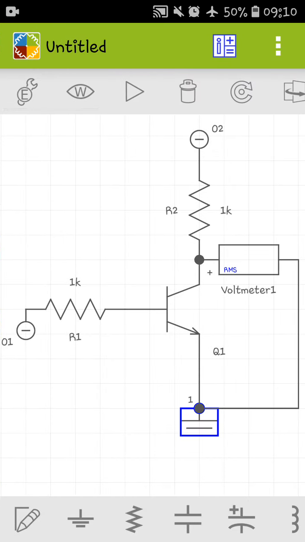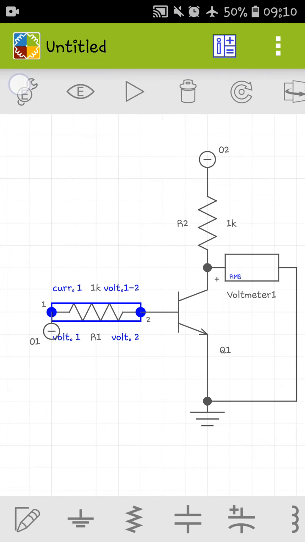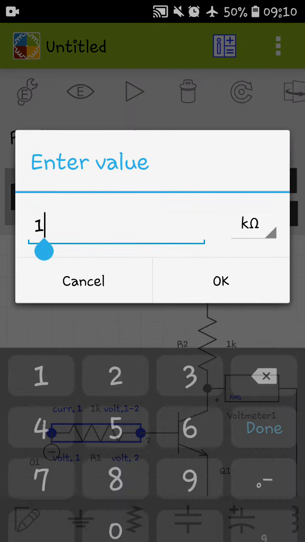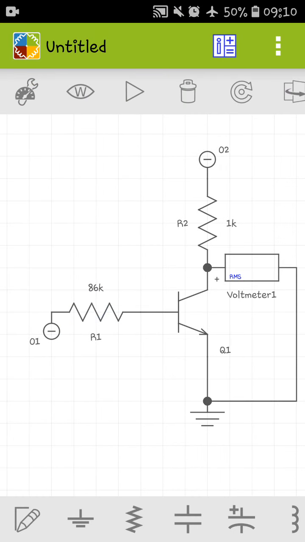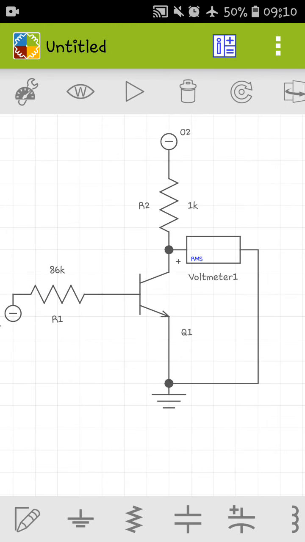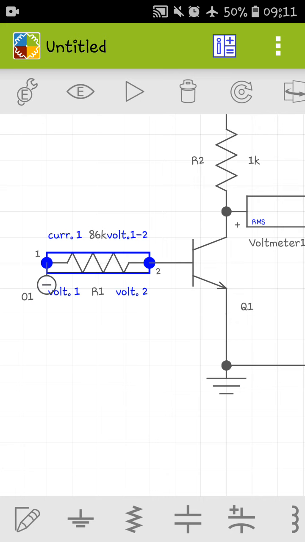Here we change it to 86 kilo ohm. If 5 volt is given here and the base resistance is 86 kilo ohm, then 50 microampere current will flow through the base. Let's check it.